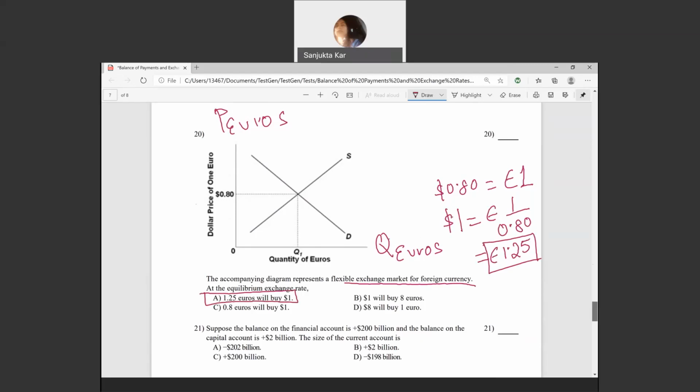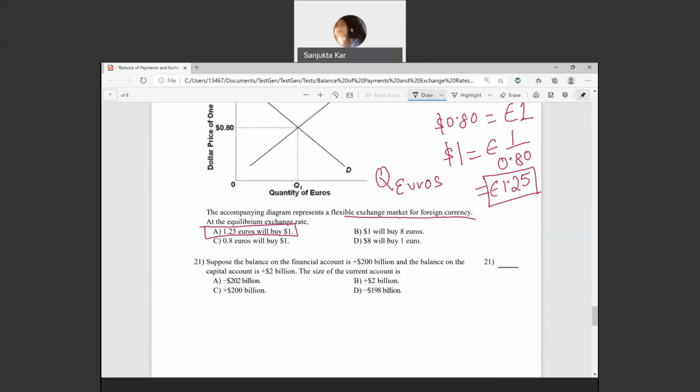All right, the last question here. Suppose the balance on financial account is 200. Capital account is positive 2. They're asking us to find out the size of the current account. Again, we can write the capital plus the current plus the financial, all of this is equal to 0. So my capital account is positive 2.